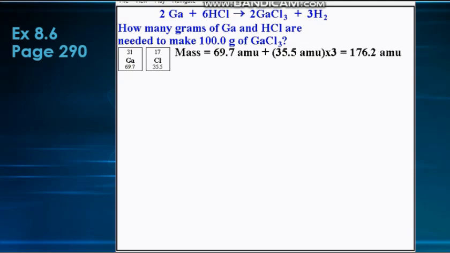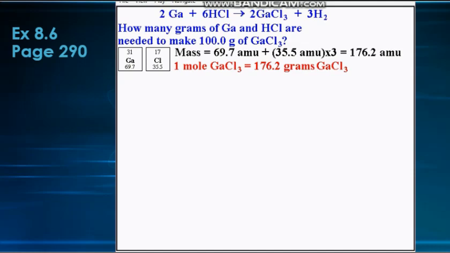That's the mass of a GaCl3 molecule in atomic mass units. That also tells us that it takes 176.2 grams of GaCl3 to make a mole. Remember that? So that gives us a conversion relationship between moles and grams. 1 mole of GaCl3 is equal to 176.2 grams of GaCl3. Now that I have a conversion relationship, I can convert.